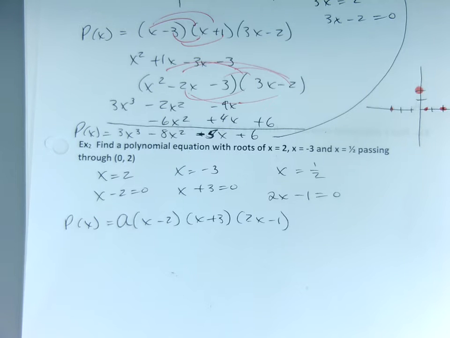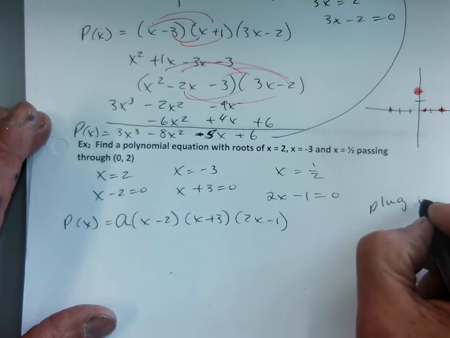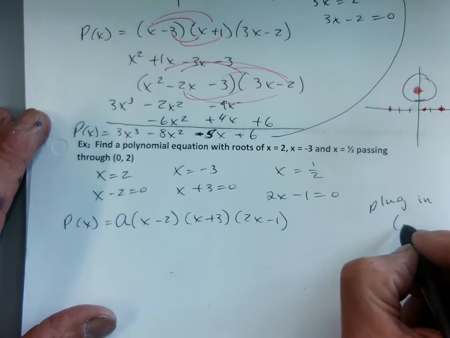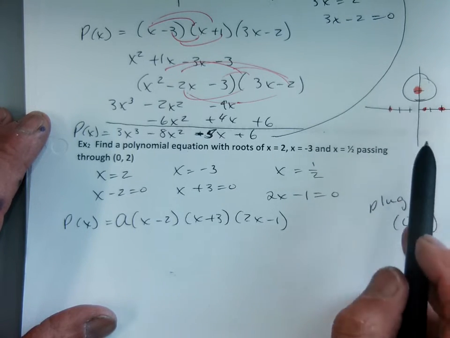I don't know what my coefficient is, but I'm going to find it by using this point in my equation. So I have to find the value of A, and I'm going to plug in the point 0, 2 so that I force the graph to go through 0, 2.